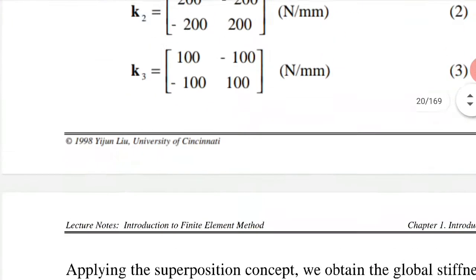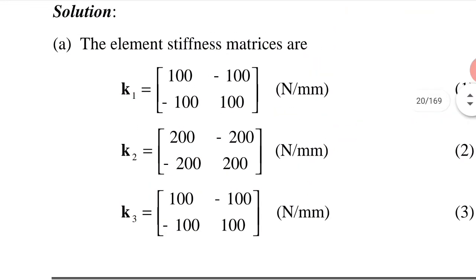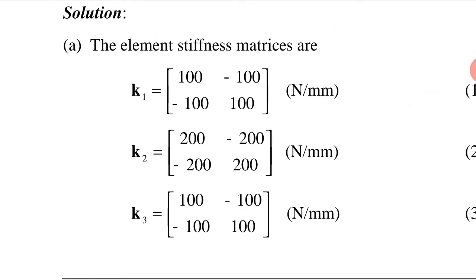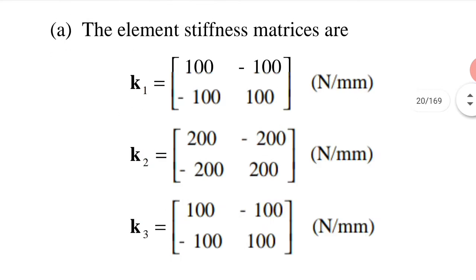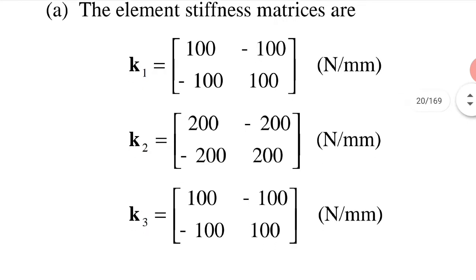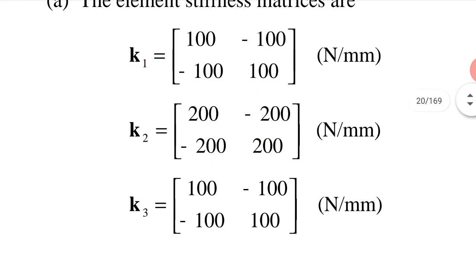Now we have to combine these 3 stiffnesses into one global stiffness matrix. Element number 1 corresponds to nodes 1 and 2, K2 corresponds to nodes 2 and 3, and K3 corresponds to nodes 3 and 4.